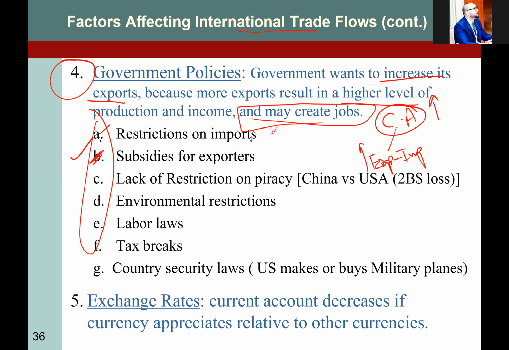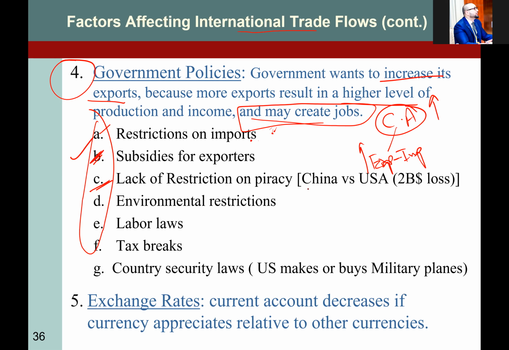Lack of restriction on piracy. If you are going towards piracy, then what happens? You will lose money. People are not allowed to copy, under the Piracy Act, this kind of stuff.